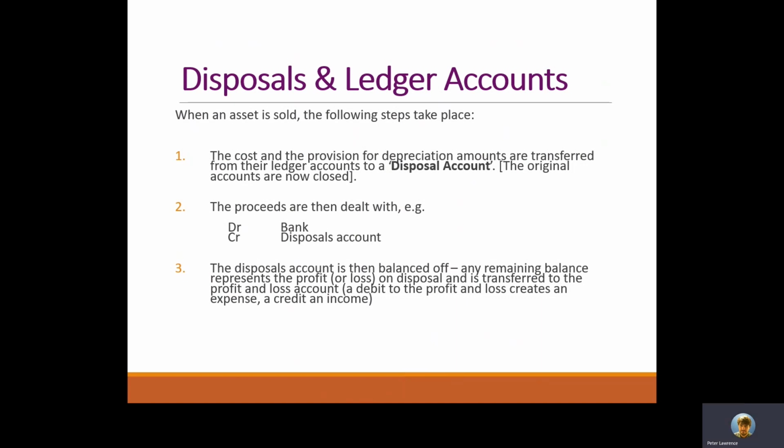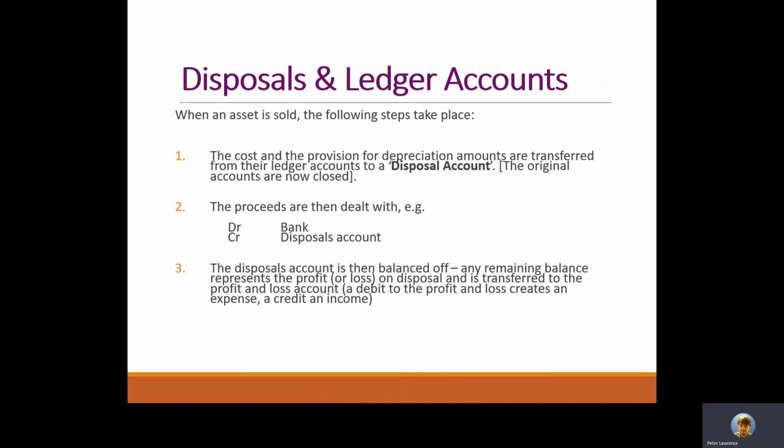If you want to make a note, what you're going to do is credit the asset, debit the disposal, and you're going to debit the provision, credit the disposal. All right. That will take the asset out of the ledger and put it into the disposal, and it will remove the depreciation from the T account and again put it to the disposal.